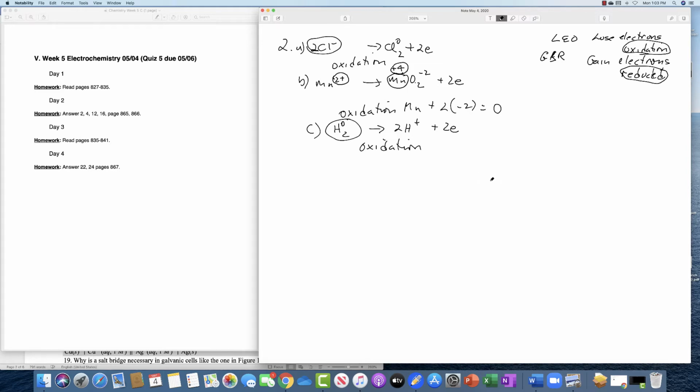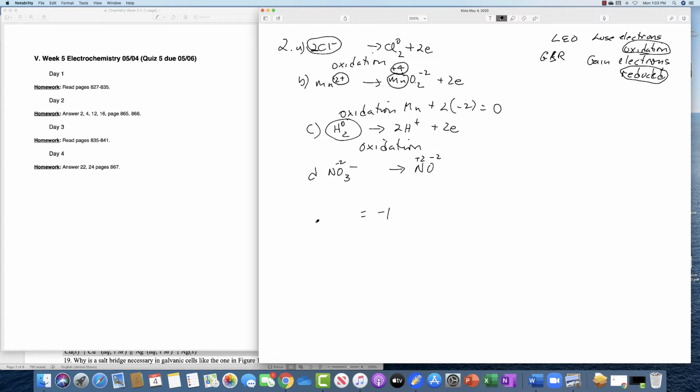And then the last one, NO3 minus goes to NO. Now the oxidation number here is +2. This one, because it has a -1 charge, the sum of the oxidation numbers has to equal -1.